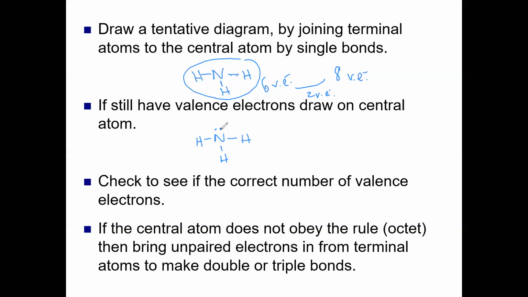And now we see that our central atom is now obeying the octet rule because we have 1, 2, 3, 4, 5, 6, 7, 8 electrons around our nitrogen, which did need an octet. If in the case that our central atom didn't obey the octet rule, then we would need to bring the unpaired electrons in from the terminal atoms to make a double or a triple bond.